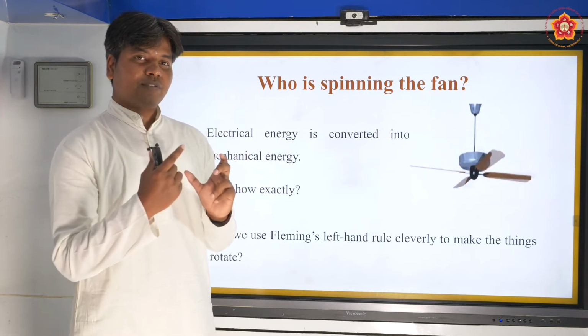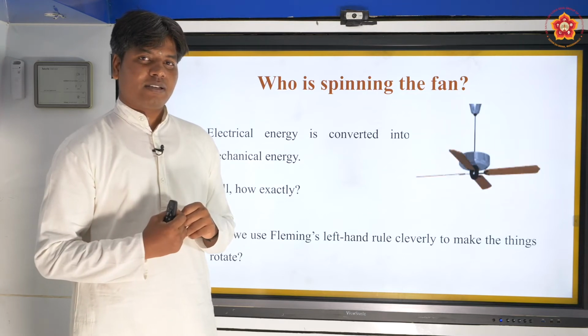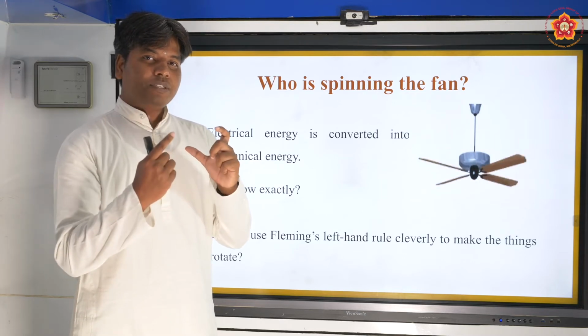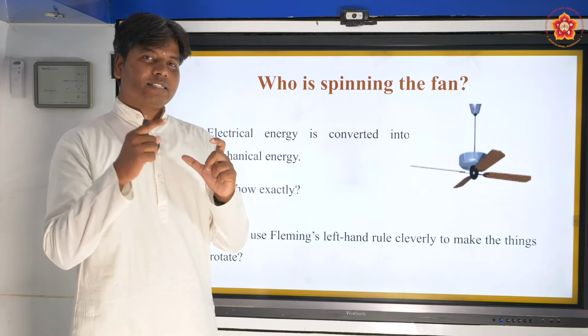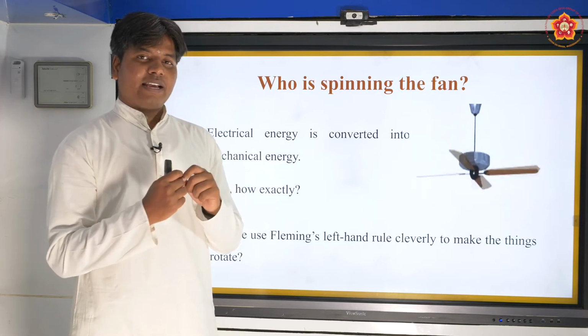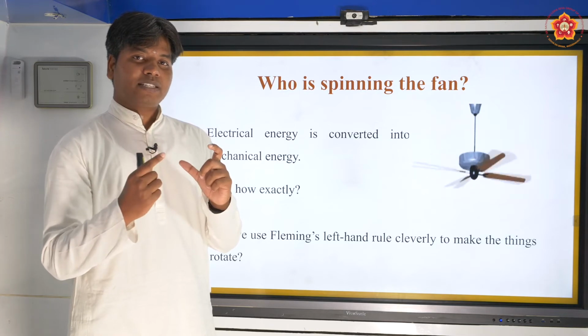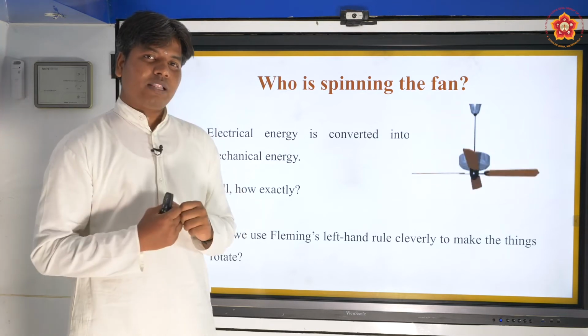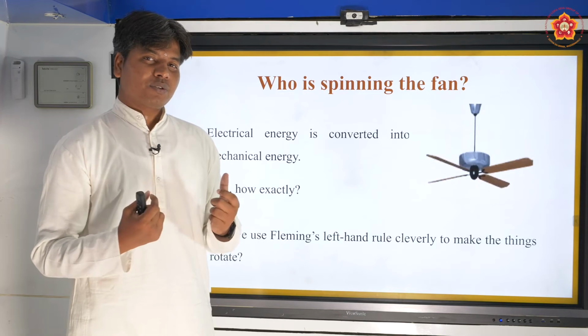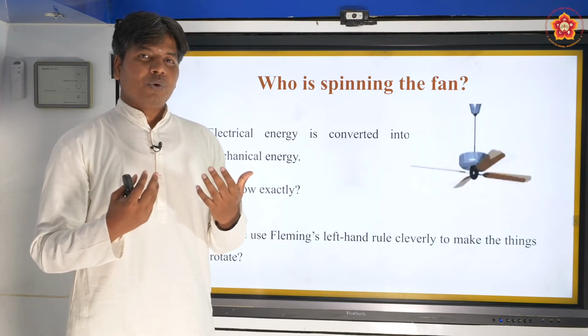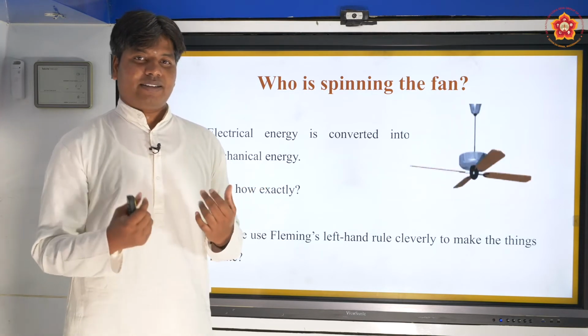Because we change the direction of the current in different segments. If the force is acting in opposite directions in different areas of the same coil, that means what are we doing? We are trying to rotate it, right?